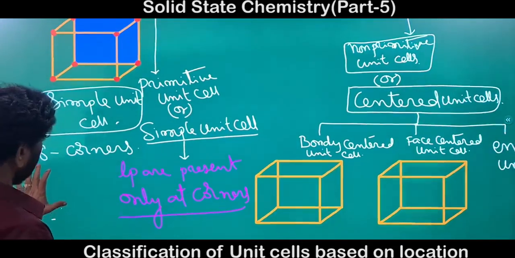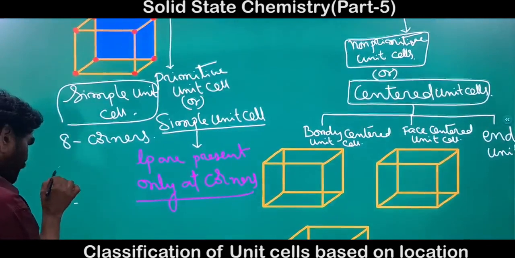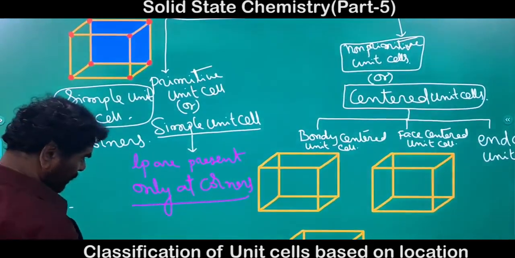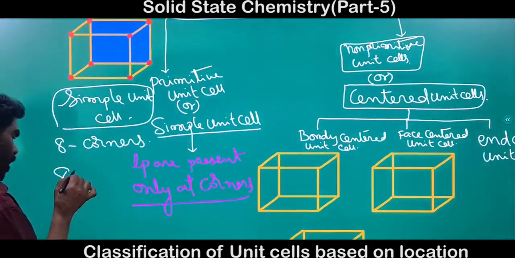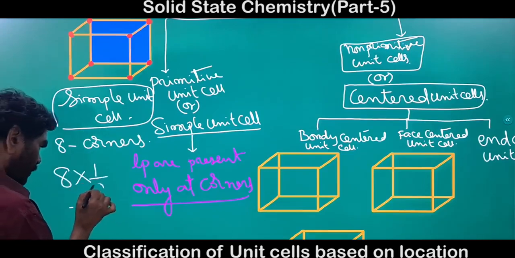How many lattice points are involved? 8 are involved. What is the contribution of each lattice point? 1/8.